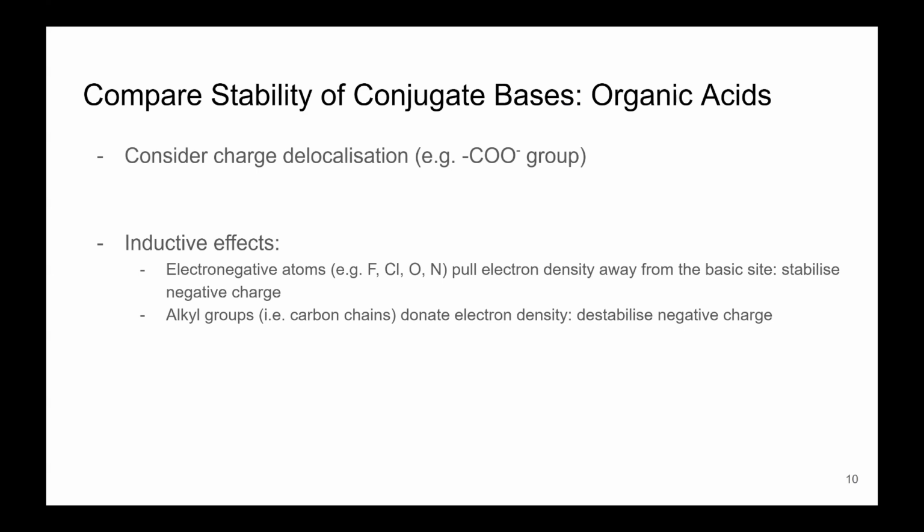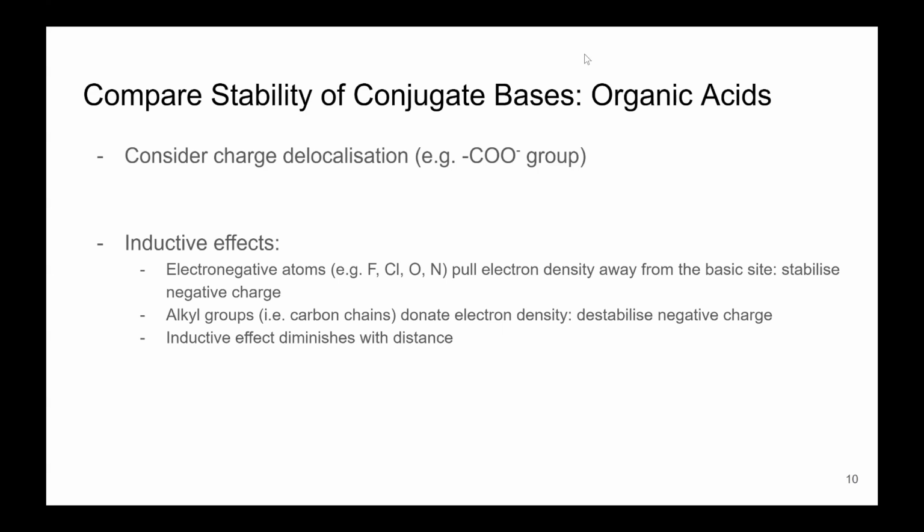A thing to note here is that the length or the shape of the alkyl group itself doesn't really affect how much electron density they donate. Rather, this depends on how many alkyl groups are around the basic site, because of course inductive effects decrease over distance.